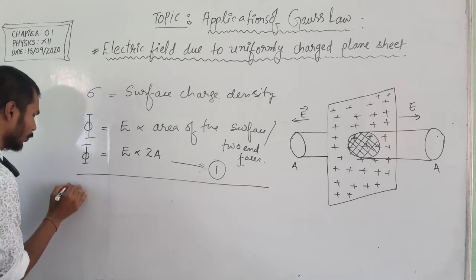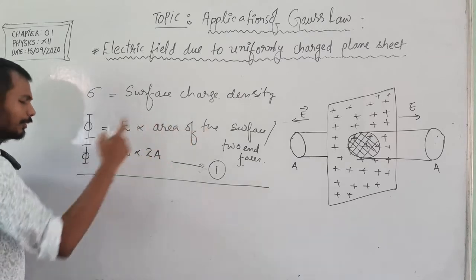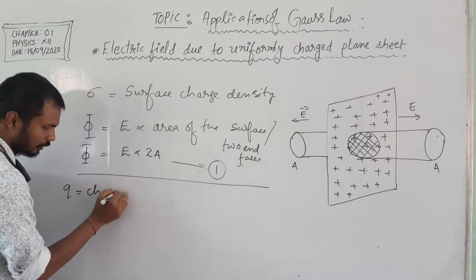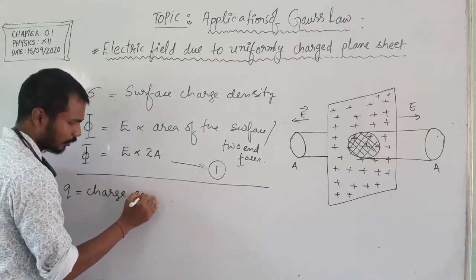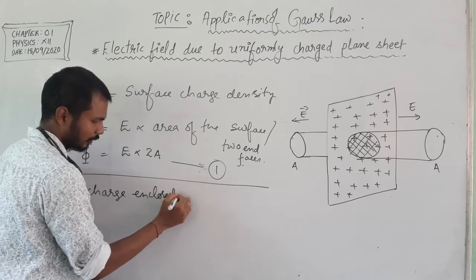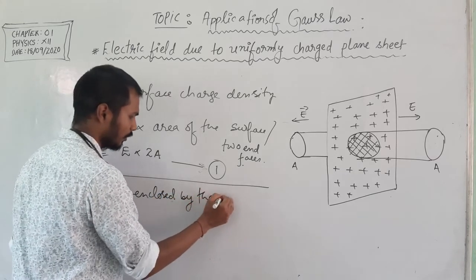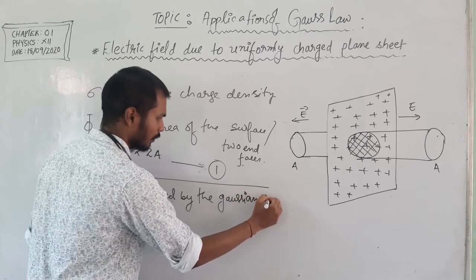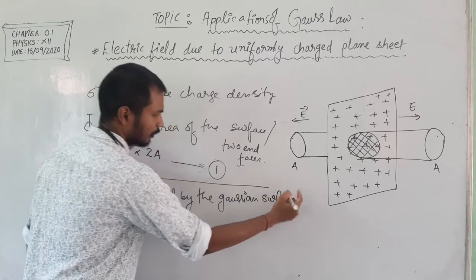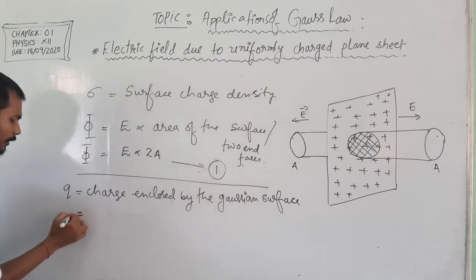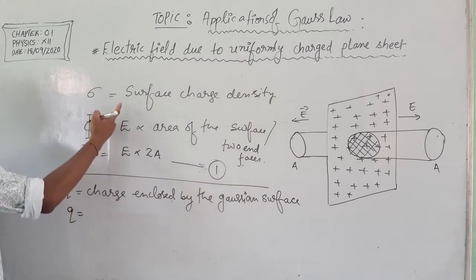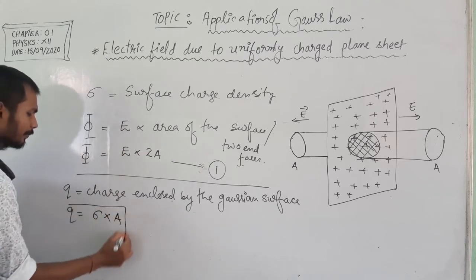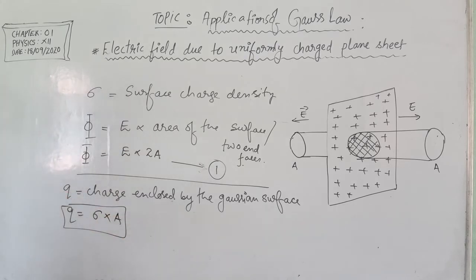So the total charge enclosed by the Gaussian surface, Q, is equal to surface charge density into area. Got it? This is the charge enclosed by the Gaussian surface.